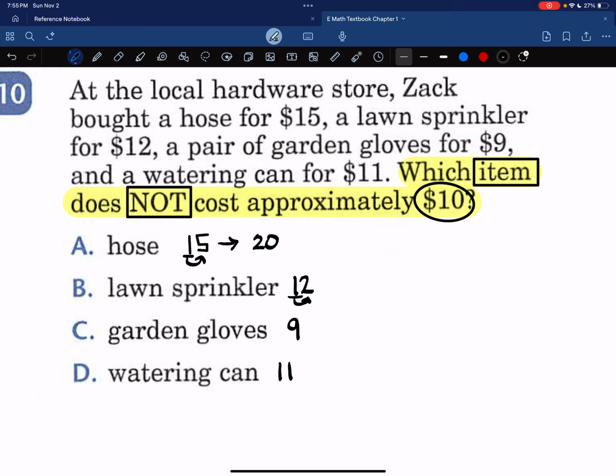This one is closer to 10 than to 20. This one is almost 10. And this one is just barely more than 10. So it would round to 10. The one that is not going to round to 10 is A. It's closer to $20 than to $10.